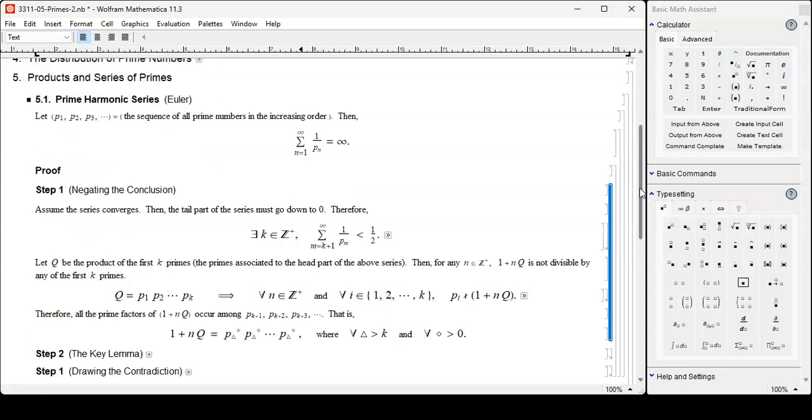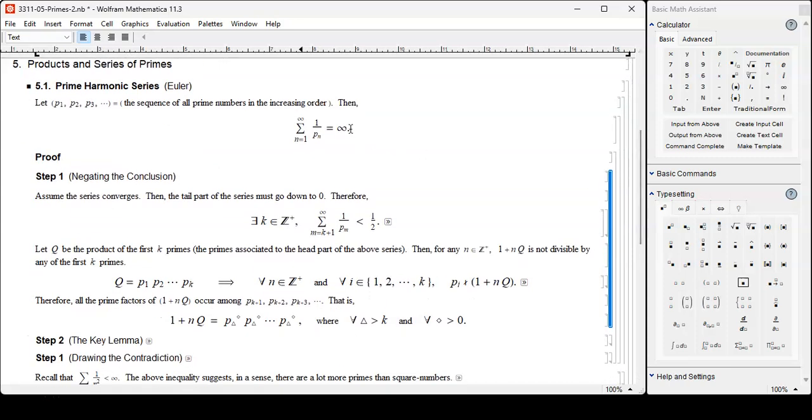First, let's begin with negating the conclusion. Suppose that this thing is finite, then the tail part will be something, but in the end, the tail part will go down to 0. The head part, nobody cares actually. Whether a series converges or not is determined by the tail part. The tail part will have to go down to 0.